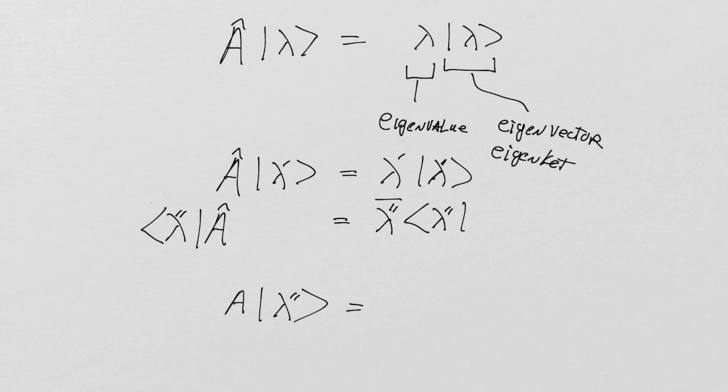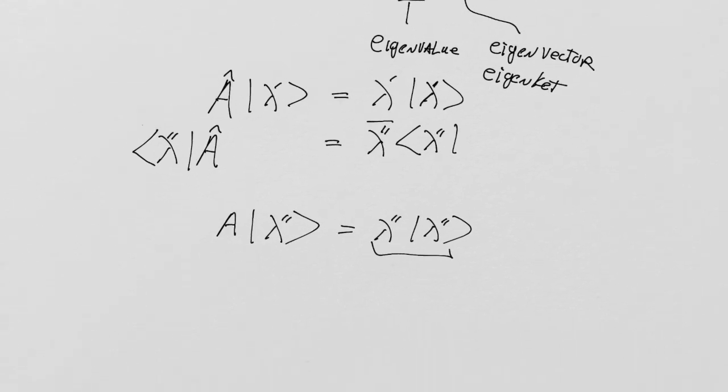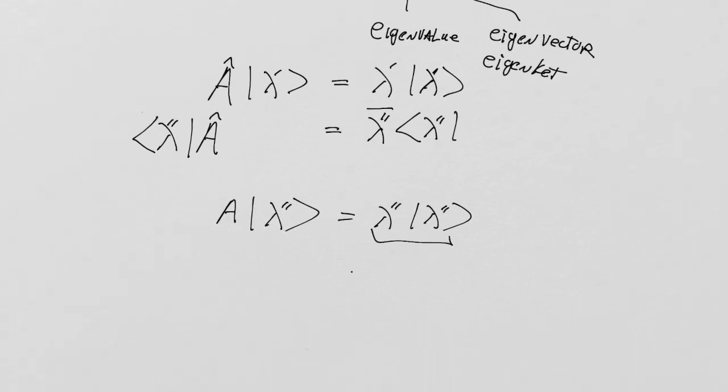Well, the ket lambda double prime is lambda double prime times the ket. What's the dual of this thing? The dual is lambda double prime conjugate times the bra corresponding to lambda double prime. So don't get confused; that's why that complex conjugate comes up. A lot of people forget that. A is its own Hermitian adjoint, but the rule of dual correspondence still pulls out this complex conjugate. You can't get away from that.